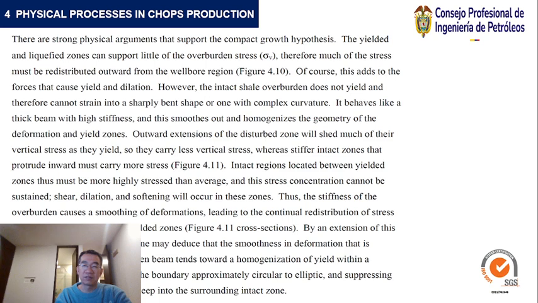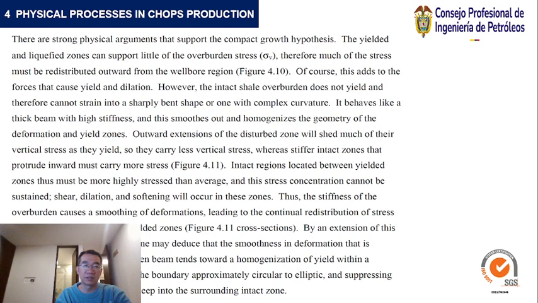Thus, the stiffness of the overburden causes smoothing of deformation, leading to the continual redistribution of the stress to the yield zone.